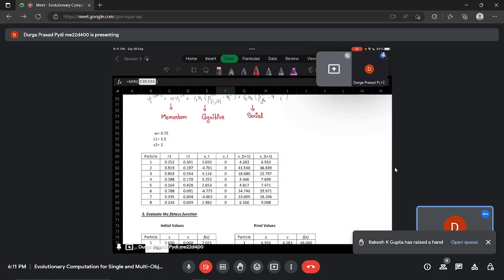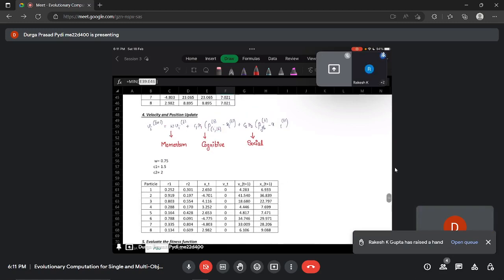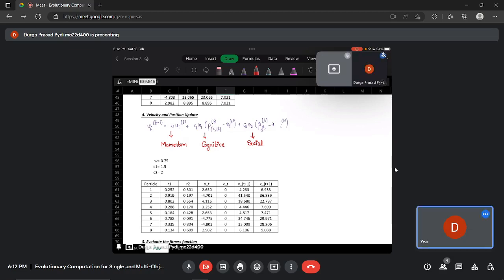You have this PSO here, and what is the correlation? Does this particle have any relation with BGA or RGA? It is, I think, some chromosome sort of thing, equivalent to that in BGA.